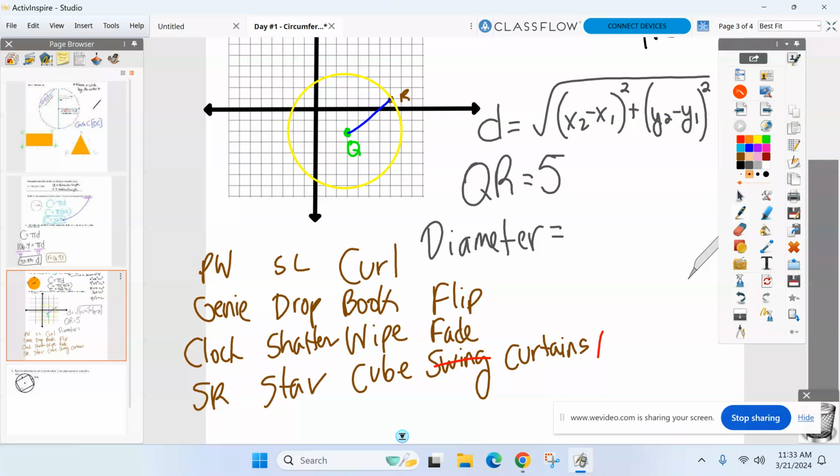Fade. Flip. Cube. I'm sorry, you want to flip? Haley? Oh, no. Cube. White. Book. Curl. Star. Shatter. Drop. Can't vote twice. Slide left. Pinwheel. Genie. Clock. Slide right.